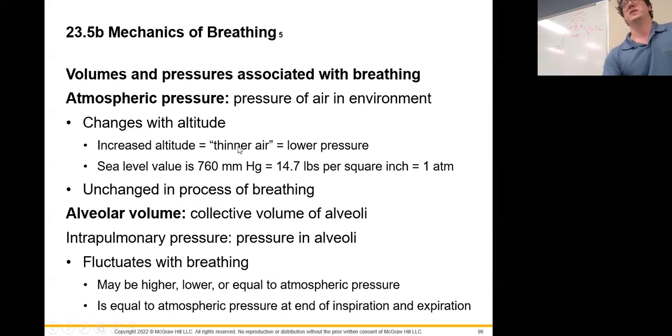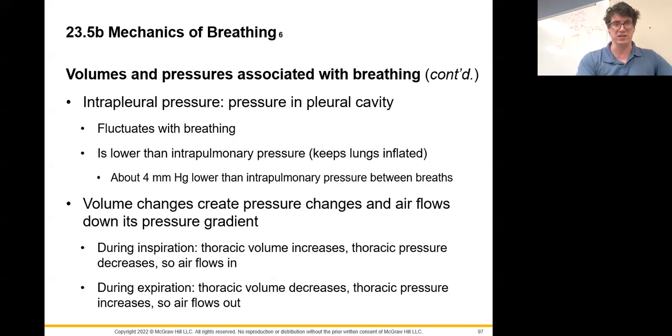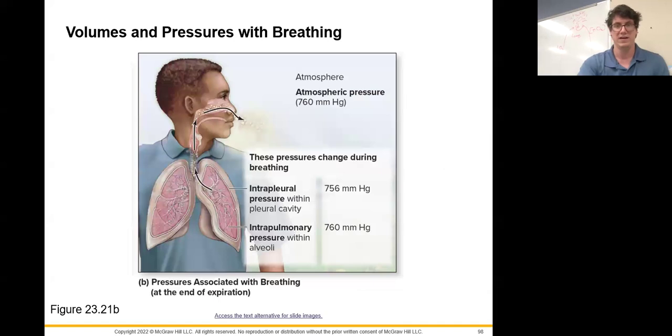Okay. But that's because as we get into altitude, we have thinner air, we have less pressure. Sea level is where we are right now. We have 760 millimeters mercury. Everything works fine. Once you get up there, you actually get a lot less. The changes in pressure that we're looking at are not very high.